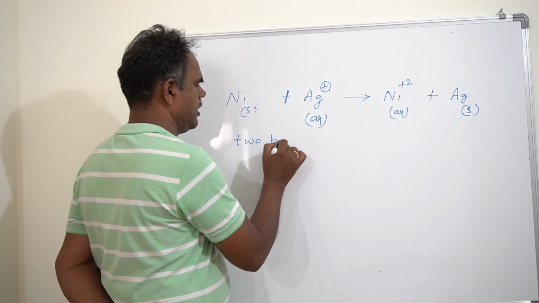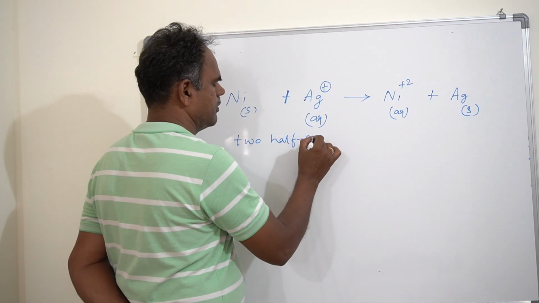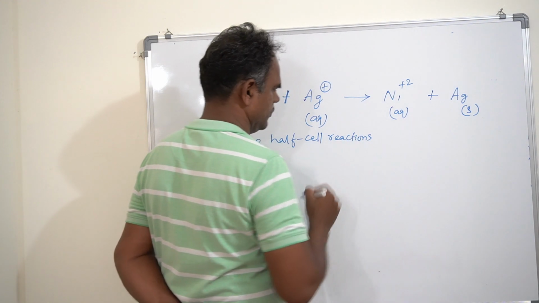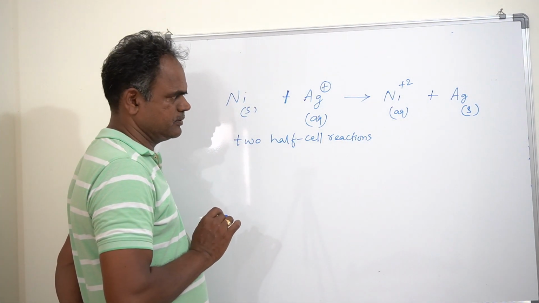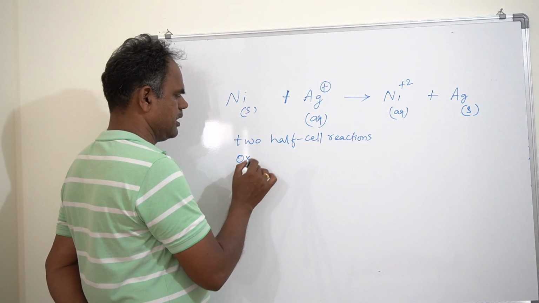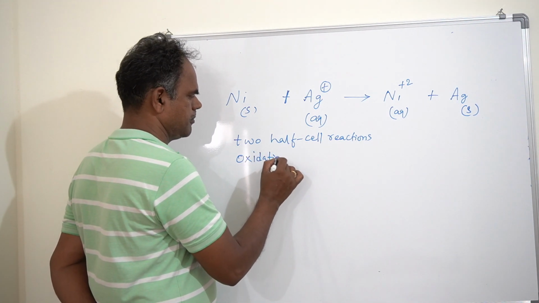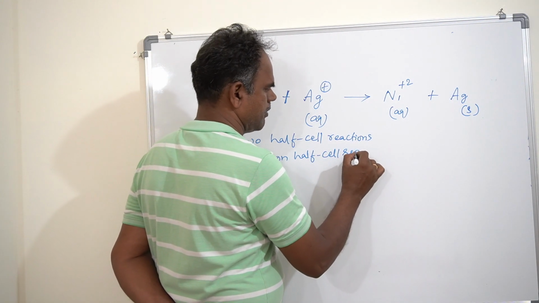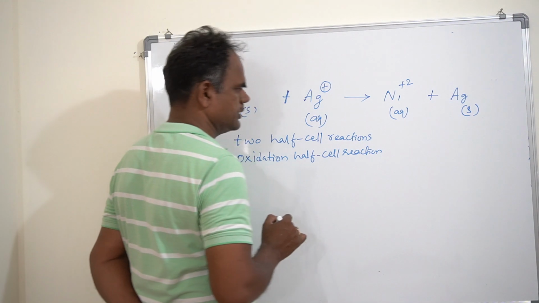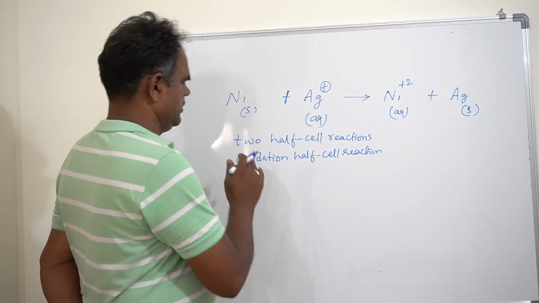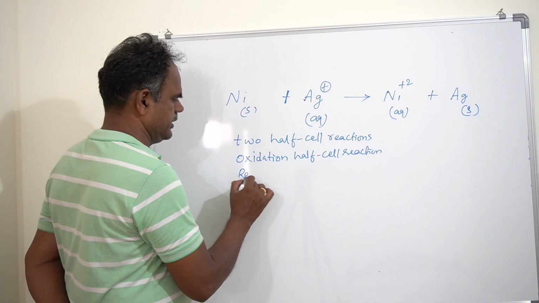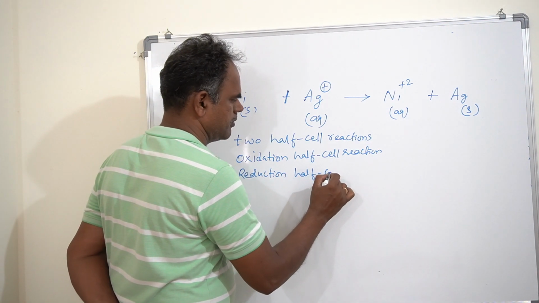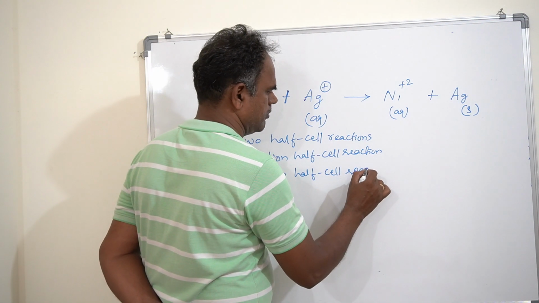We should write two half cell reactions: the oxidation half cell reaction, and another one, the reduction half cell reaction.